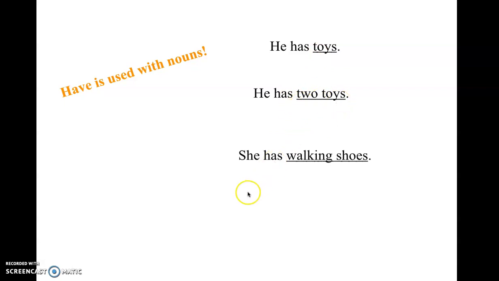The have verb is a lot simpler. It's used with nouns. So he has toys, right? He has toys. Here's the noun. He has two toys, adjective, noun. She has walking shoes. Now be careful here because this, which looks like an ing continuous verb, is actually a gerund.